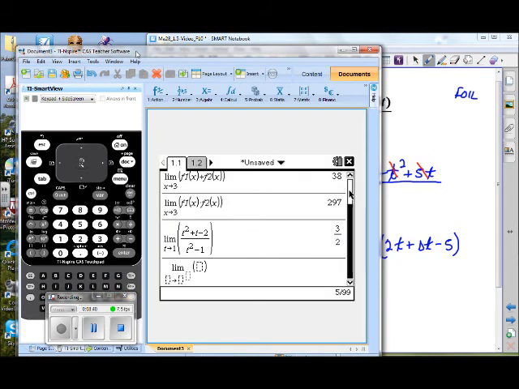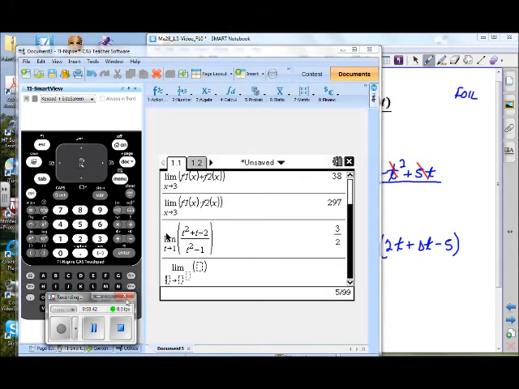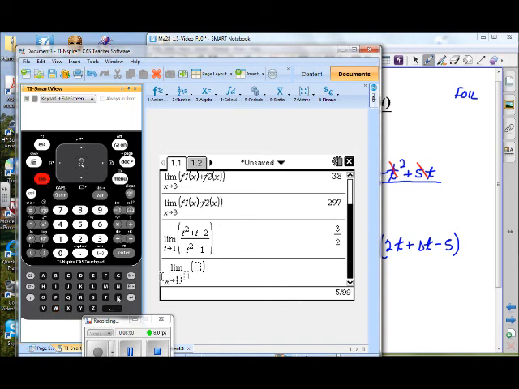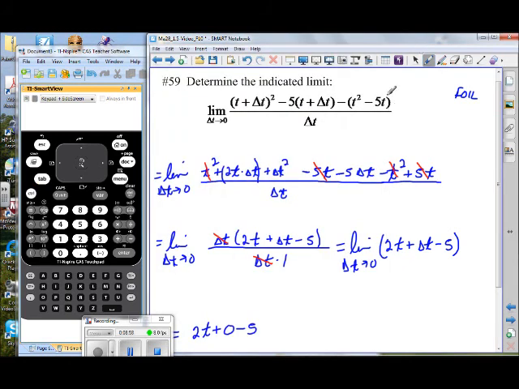All we need is a placeholder. So let's just use w. W, and we'll tab over, approaches 0, and use a tab and tab. And if you look at this, we've got to now replace w in for delta t.